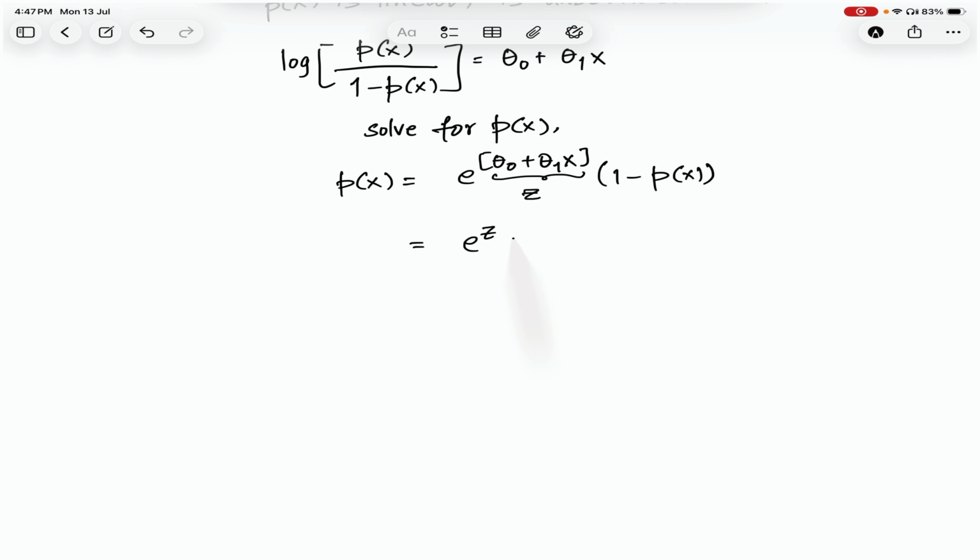So let's just go and expand on the right hand side. So you should get summation of i running from 1 through m, and let me just write log of p of xi power yi times 1 minus p of xi power 1 minus yi.